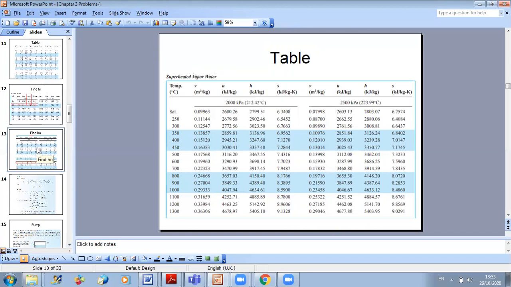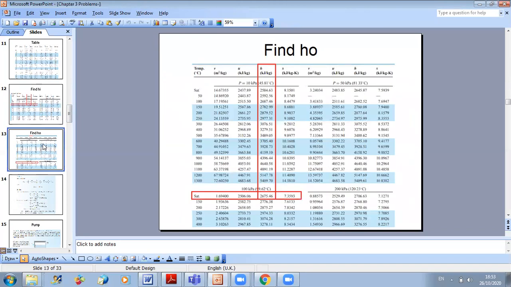Yes, one thing, you can say that for the outlet of the turbine, you can get it from two states. You can get it from the superheated table, or you can get it from the saturated table. You know why? Because even in the superheated table, they give you the value at saturation.